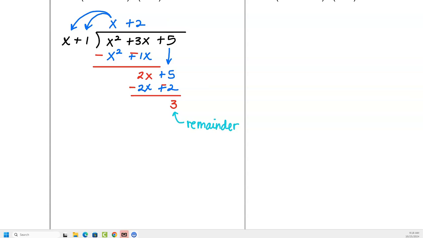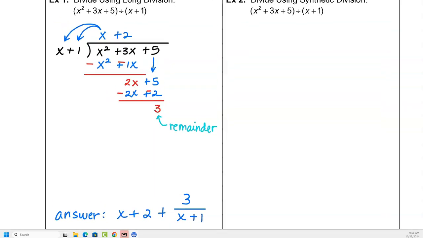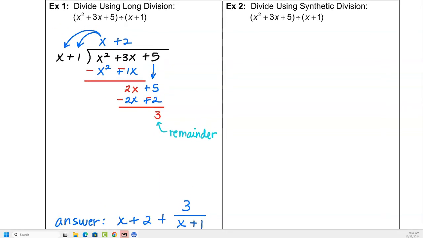So the answer is x plus 2, and then plus the remainder 3. That 3, though, still needs to be divided by the x plus 1. So we put 3 over x plus 1. Are we good with that?